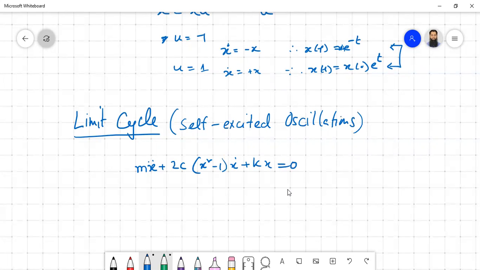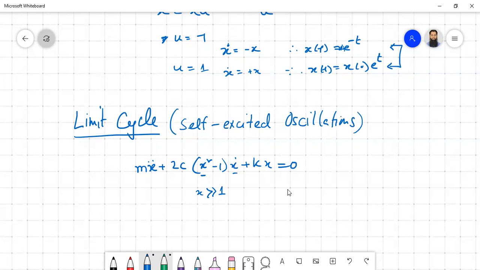Now, as you can see here, our rate of change is actually also dependent on the position. If the position value x is very high compared to 1, in that case it will give a convergent solution. This term will remain positive, so the damping factor will also be positive, and because of that the energy will be absorbed by the system.